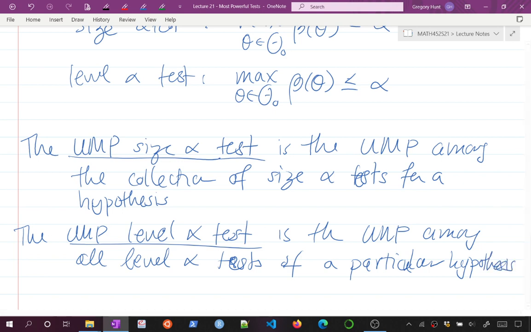You could define a UMP test among a different class. There are things called unbiased tests, but we're not going to talk about those too much. For this course, we can talk about either size alpha or level alpha tests.